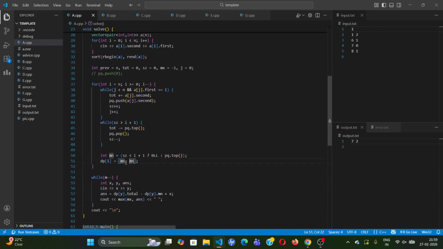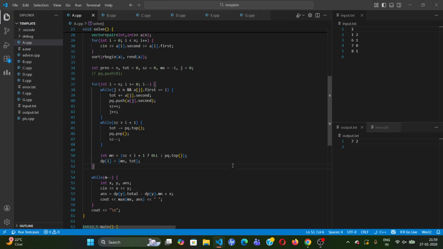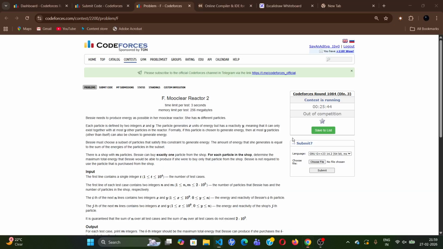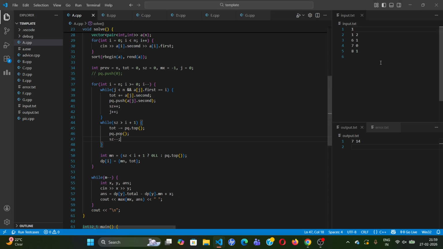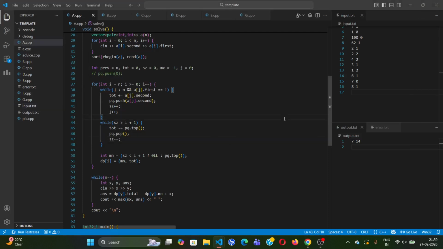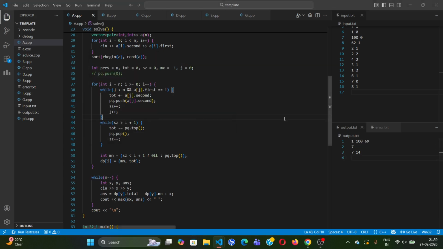Okay, total 714. 160. First needs to be 67. 5 equals to 0.